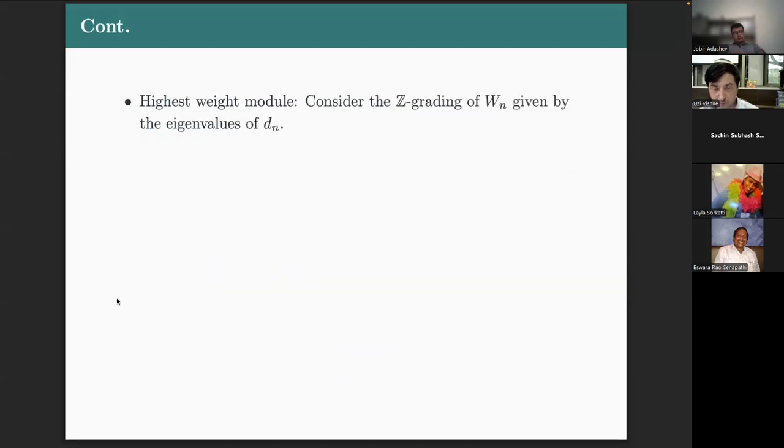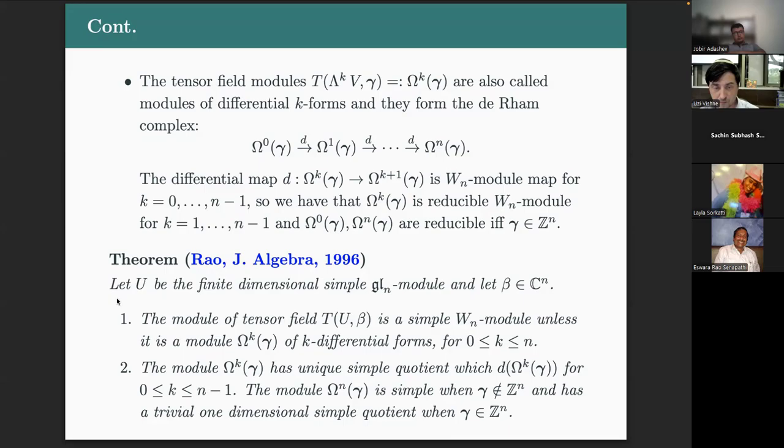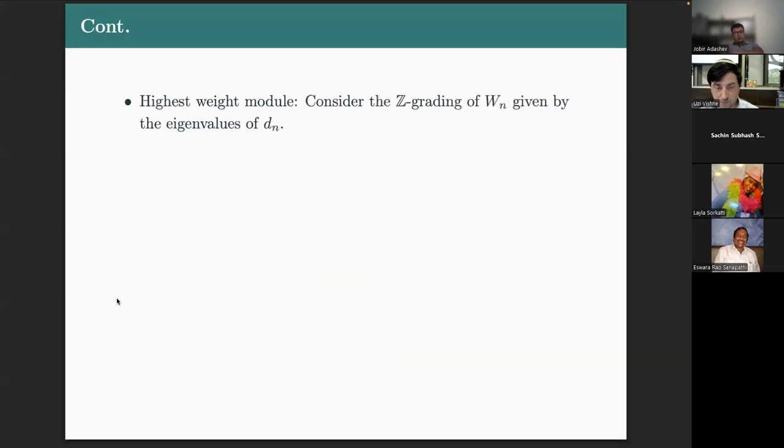Now, all these things are uniformly bounded modules. So you should make some argument about the non-uniformly bounded modules. Here, as we have no natural choice, we stick with the choice of Dn for a Z grading, and we consider its eigenvalues.